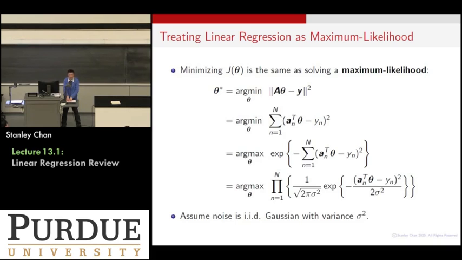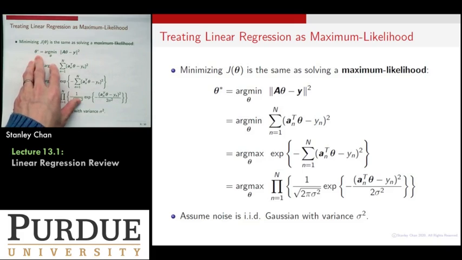We just learned it two lectures ago. How do you visualize this linear regression from the point of view of maximum likelihood? If you look at the equation, what linear regression is really solving is this. You put a 2-norm square between A theta and y, and you want to minimize. That's the linear regression.